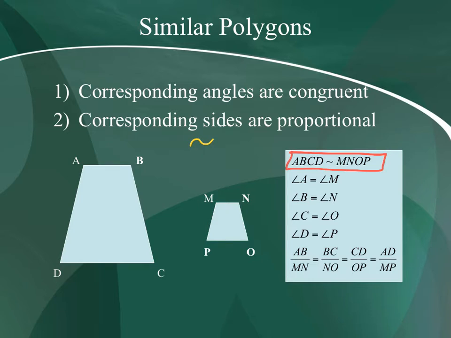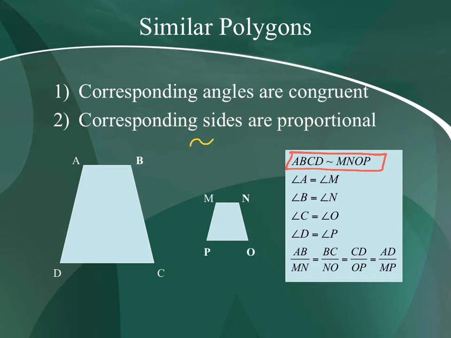I know I'm getting ahead of myself here, but when I'm asking you to give me a scale factor, the order of the letters in the similarity statement is going to be important. Just like with the congruent statement, we can match each letter with the letter that's in the same spot.